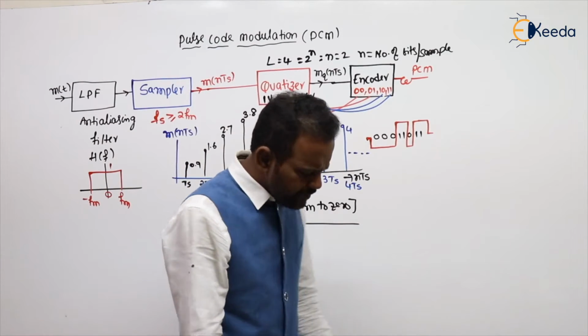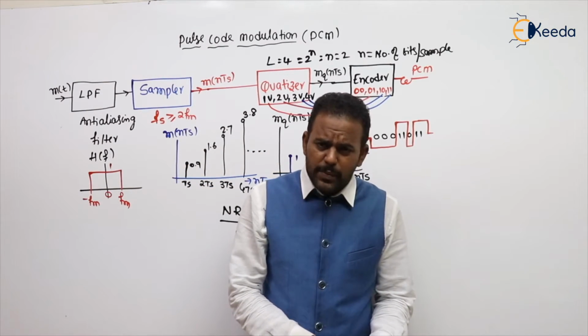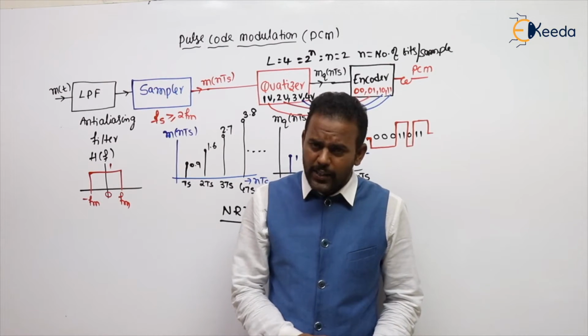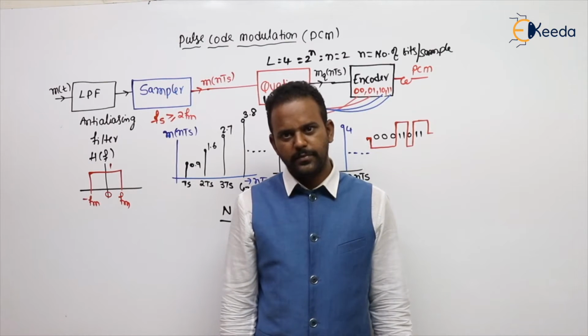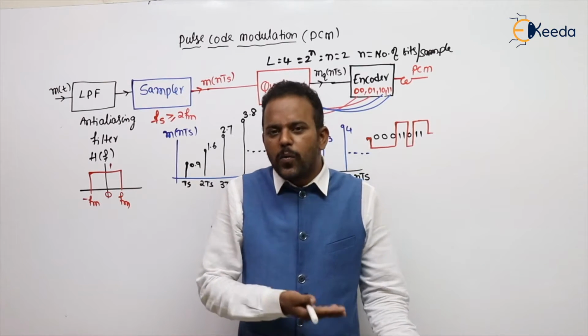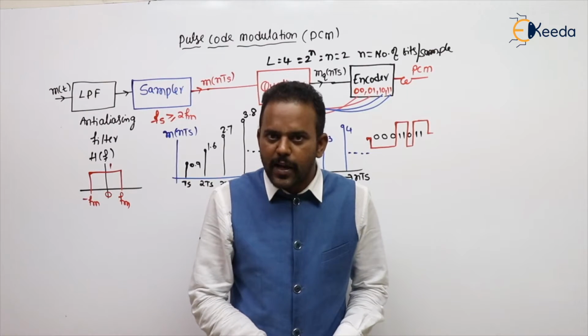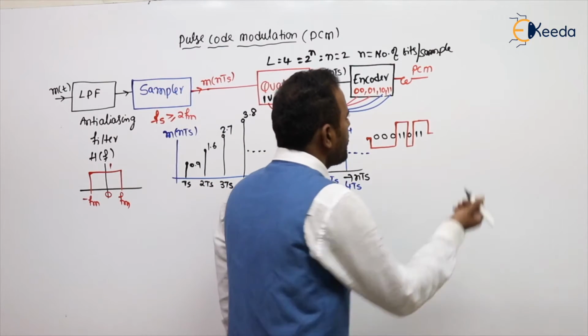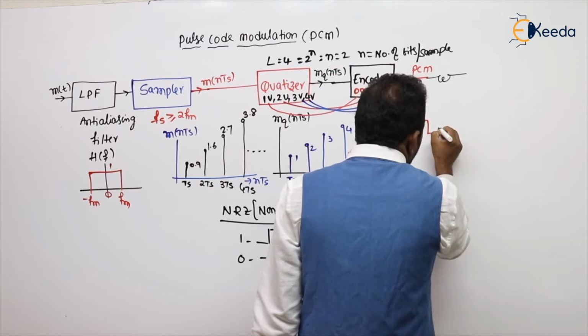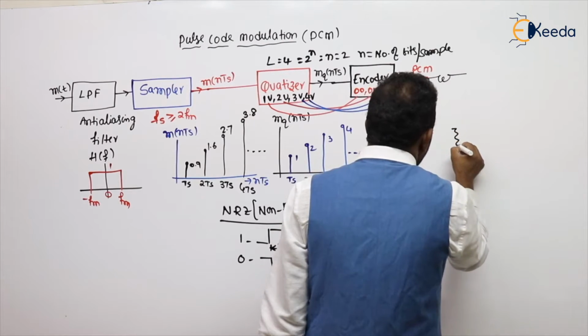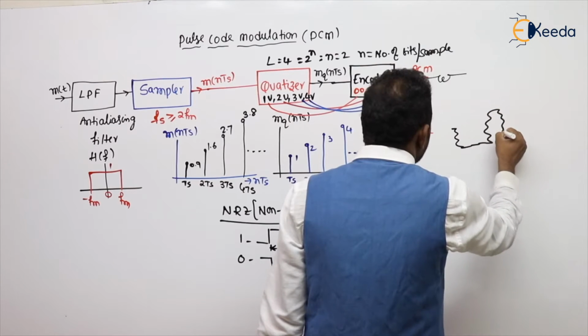Now follow. Any signal transmitting through the channel, noise is going to be added. Noise is an unwanted signal which is disturbing our wanted signal. So in the channel, what is going to be added? Noise. After adding the noise, the same signal becomes like this.